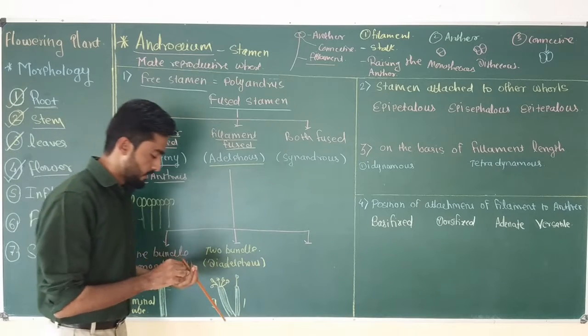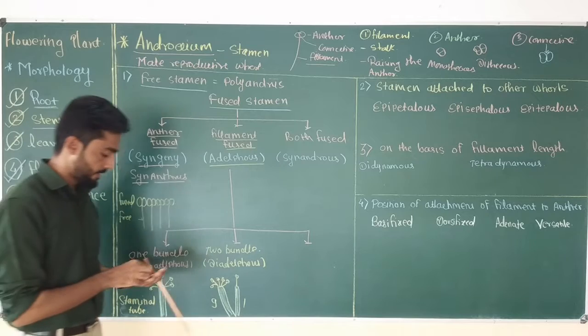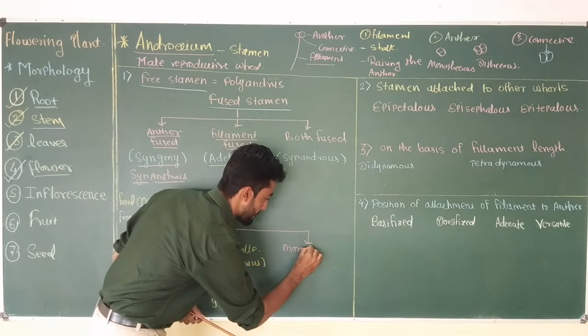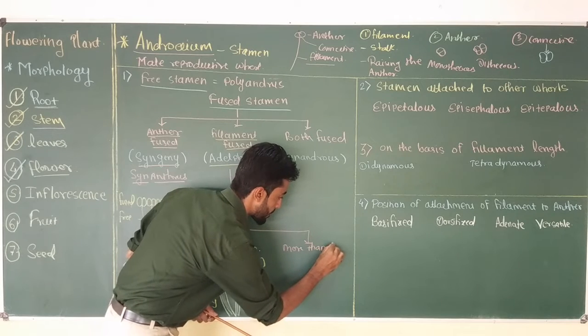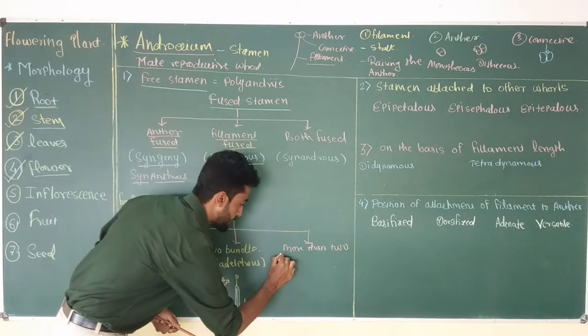Now, if the flower has more than 2 bundles of the filament, such a flower is called a polyadelphous flower.